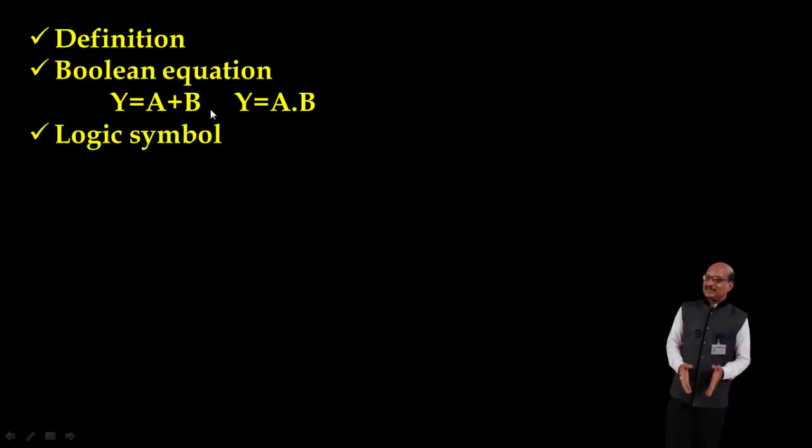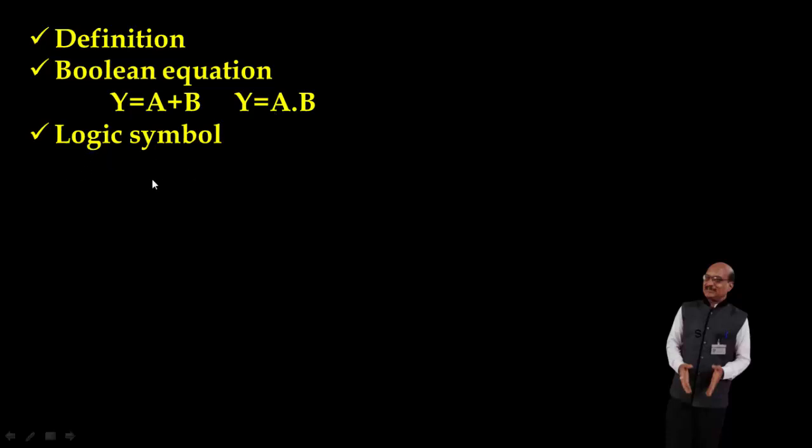So this Boolean equation is nothing but a mathematical relation which relates the output Y with the inputs A and B. So here Y is equal to A OR B. This is for OR gate. Here we have Y is equal to A AND B. This is the Boolean equation for AND gate. We are going to study later on in this topic.